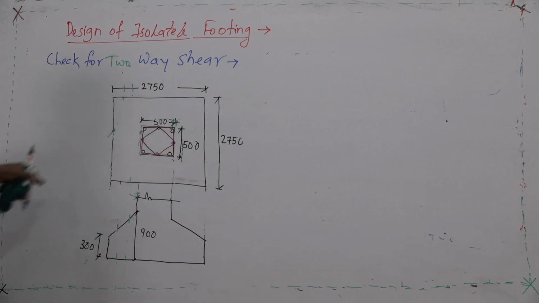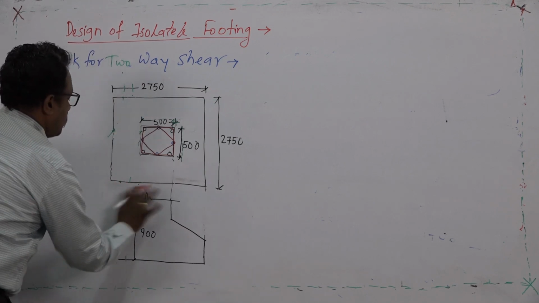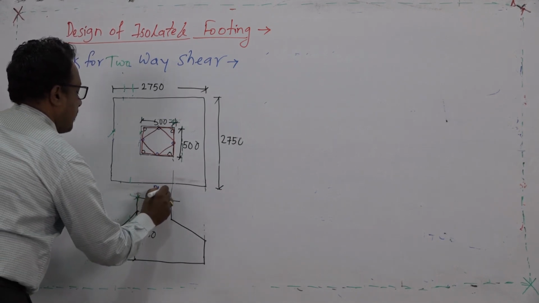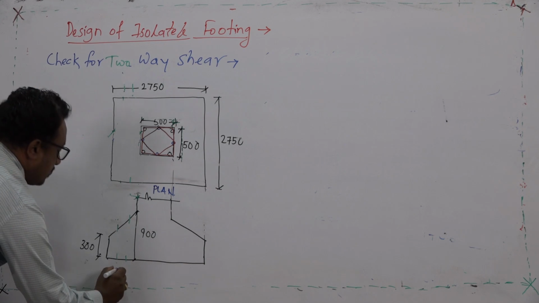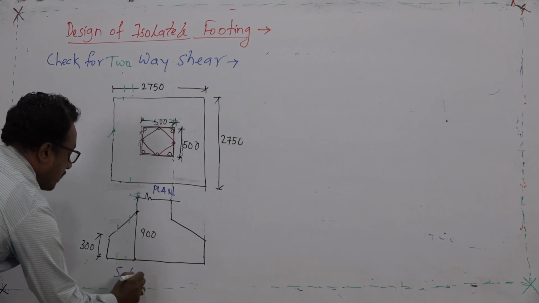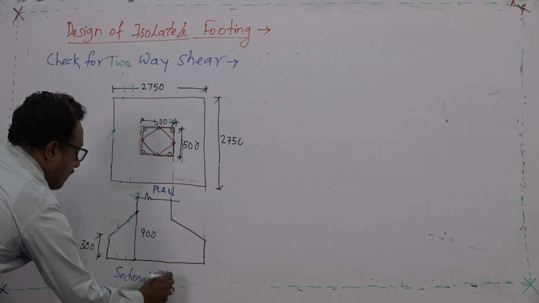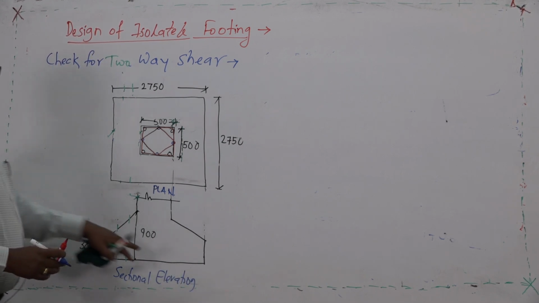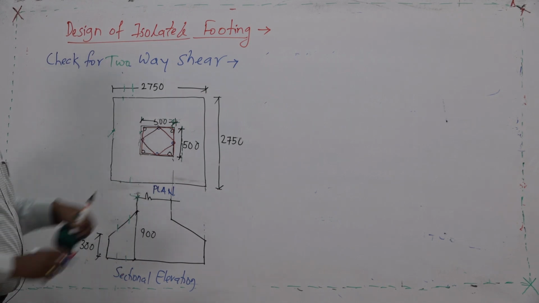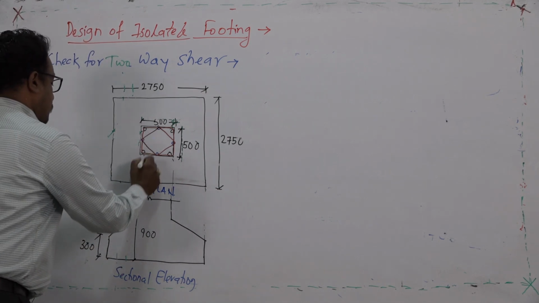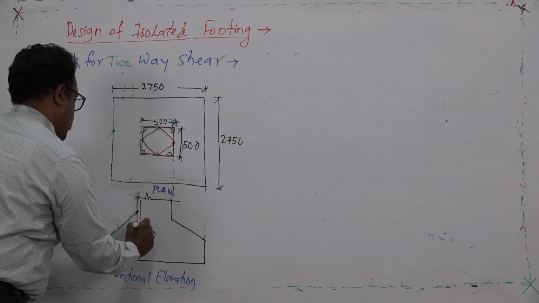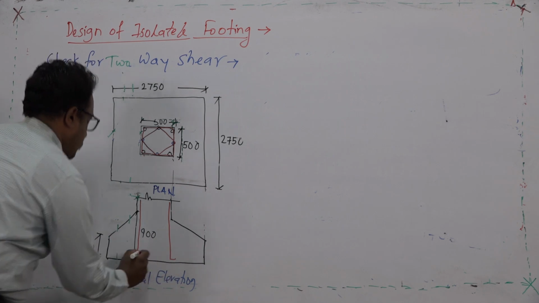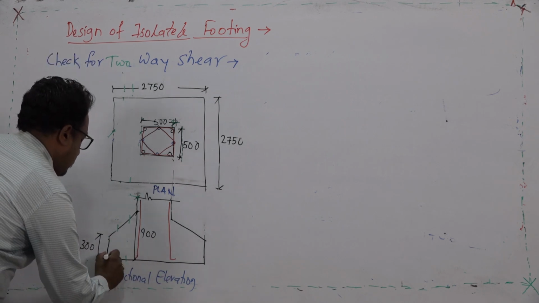So, in this particular plan, this is the plan of footing. And this will be the sectional elevation. In the sectional elevation, we are supposed to show the section. So, if you take down these bars like this, this will be the reinforcement that we are supposed to provide.